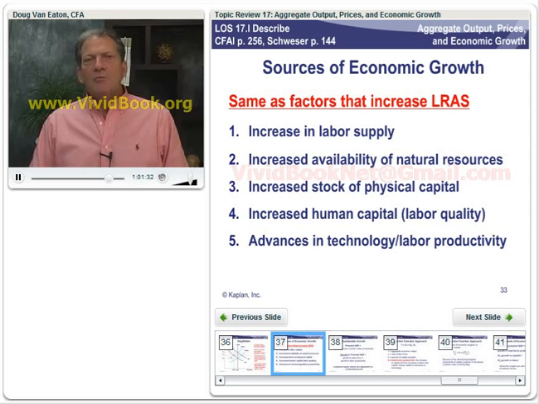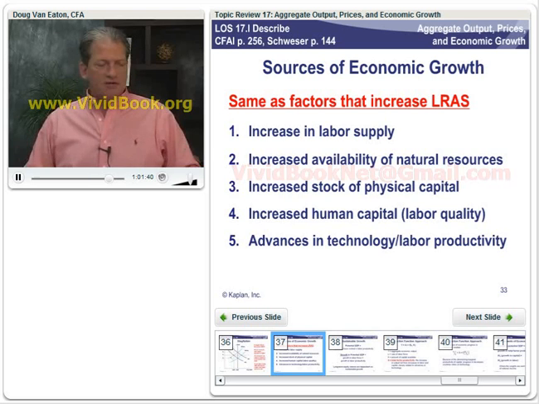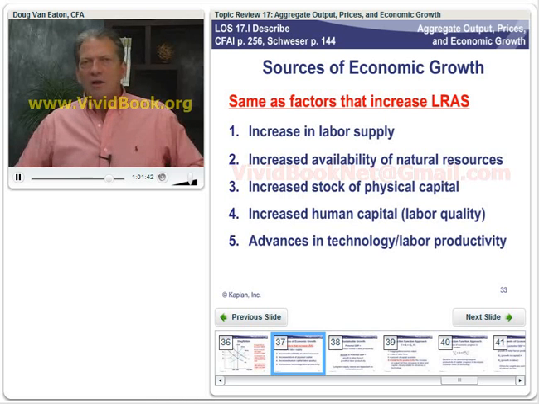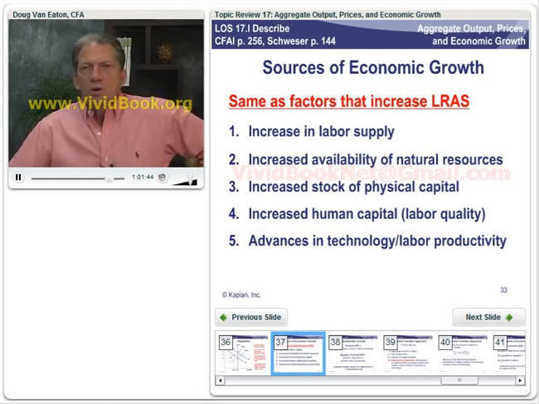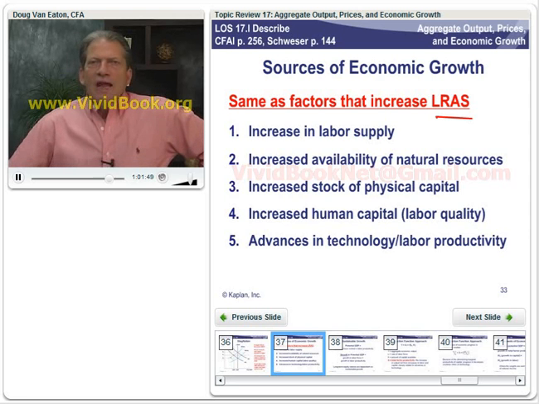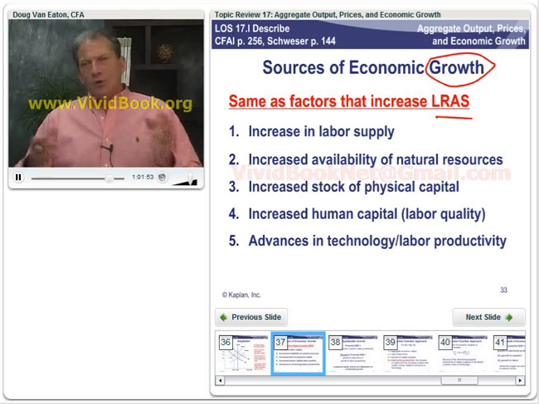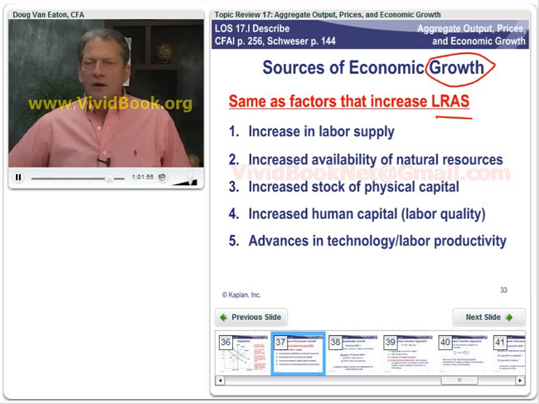But we can also have technology such as better communications and better computing power, everything like that, that has really raised productivity across the economy. So those are the five factors that can move the long-run aggregate supply, and those are also the sources of economic growth, growth in the real output of an economy overall.